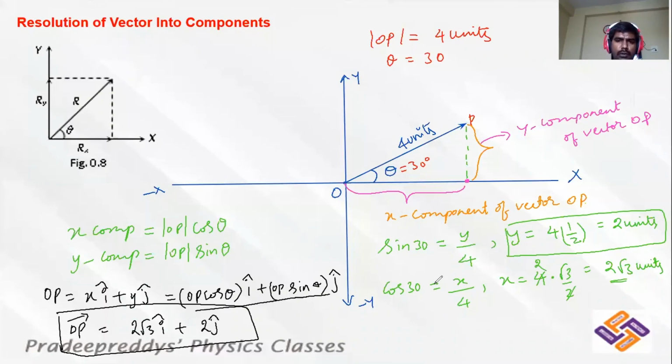No other data is known. Using that data, you are finding the x component and y component of that vector. Once you evaluate them, you can write it in the form of a vector. So the vector which is given as 4 units, you can write as OP bar, which is 2 root 3 I plus 2j.